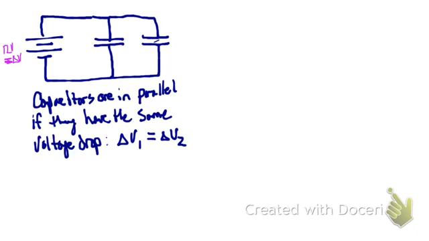All right, so if we go through the red loop here, then we would have this capacitance C1.